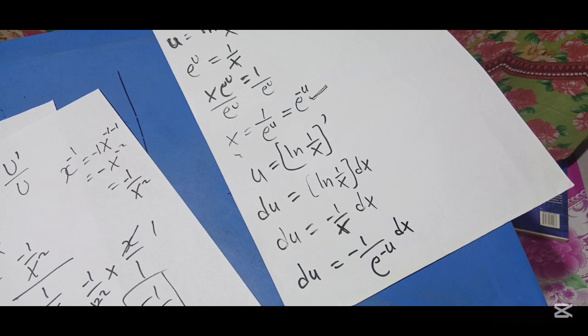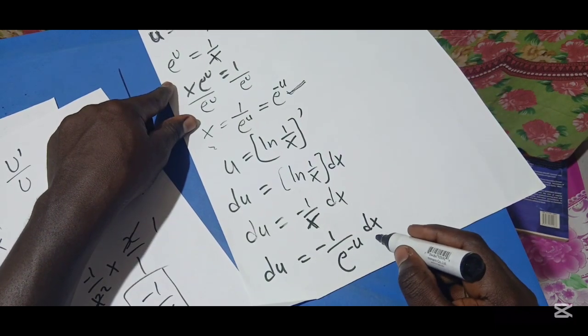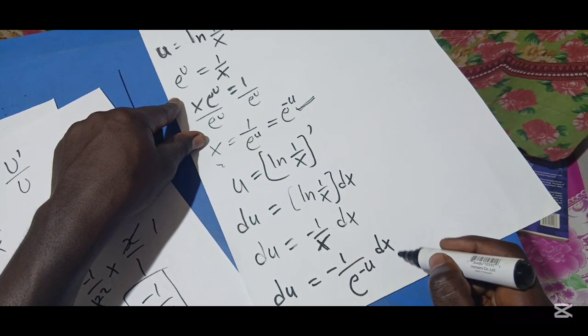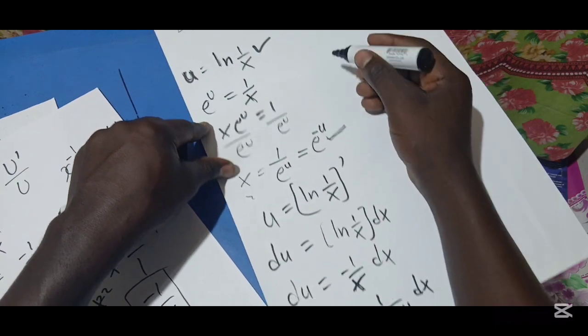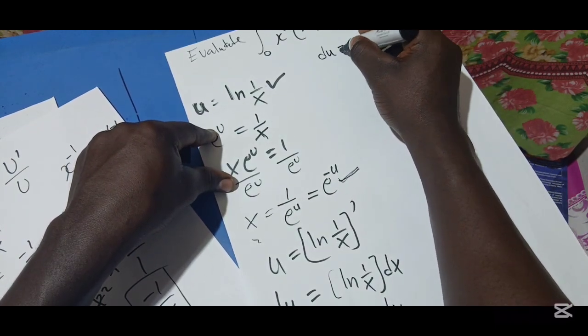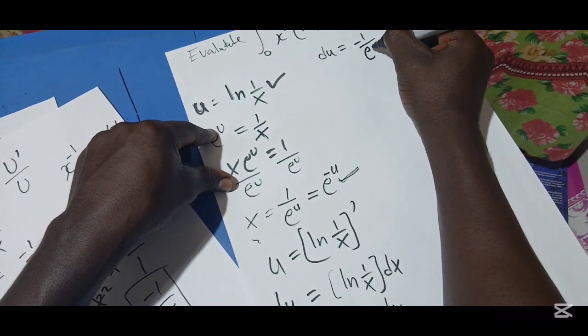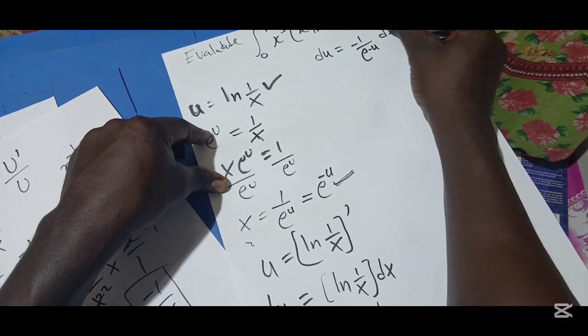So now, we would like to make our dx the subject. Let me write everything here. We have du equal minus 1 all over e to the power negative u, dx.